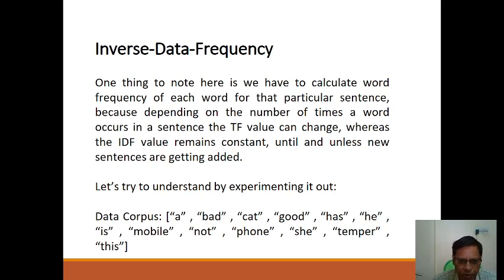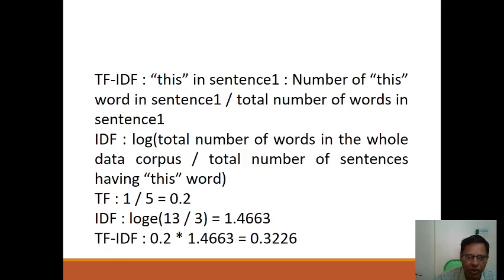So let's try to understand with the experiment. The data corpus has 15 words. The term frequency of "this" in sentence 1 is the number of occurrences of this word in sentence 1 over the total number of words in sentence 1. So TF is equal to 1 by 5, that is 0.2, and IDF, the inverse document frequency, is log e of 5 by 3, that is 0.5108.